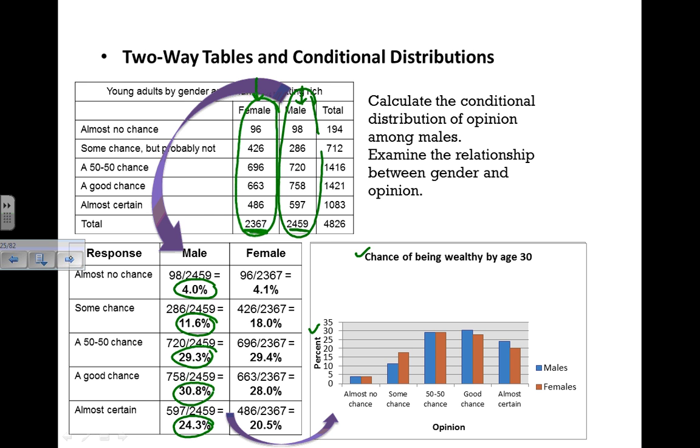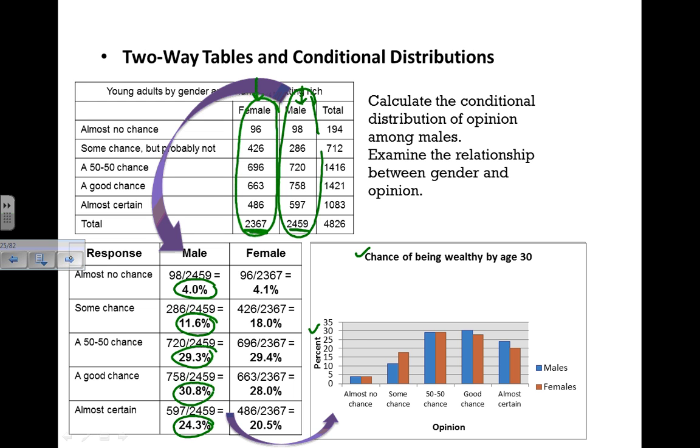Now I could put a side-by-side bar graph between males and females to kind of see what's going on. So almost no chance, they look about the same. Some chance, women feel more confident that they have some chance. A 50-50 chance, again, people feel about the same. A good chance, men are more confident, and almost certain, men were more confident here.